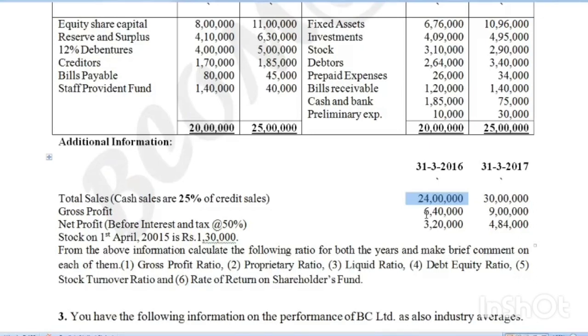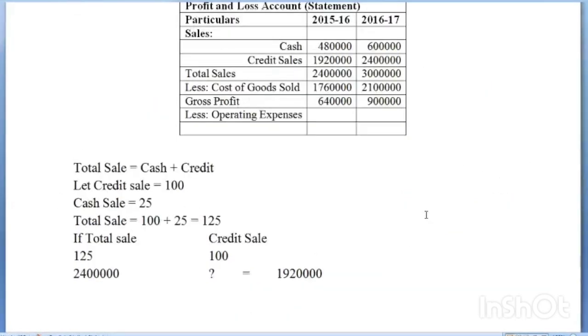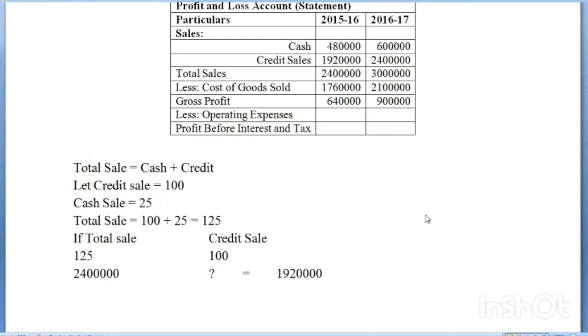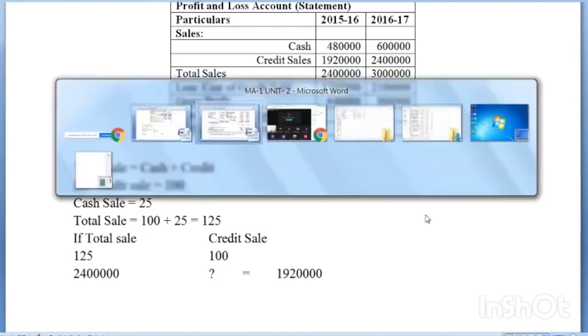Not given. But after operating expenses, you will get EBIT, profit before interest and tax, EBIT or PBIT, whatever name you call.